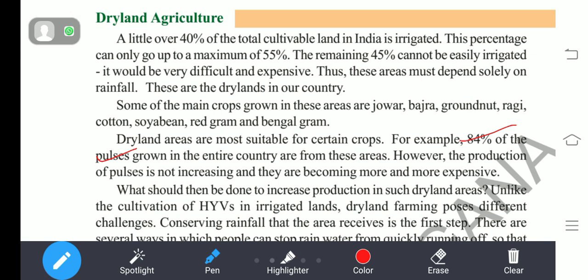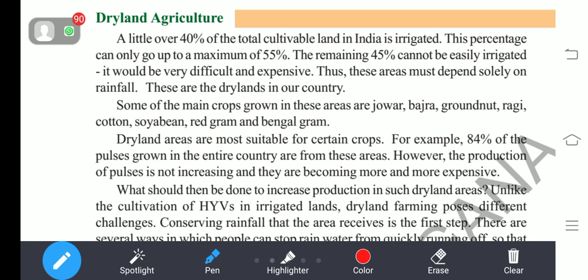Okay, so what activities do we have to do to increase production in dryland areas? Cultivation of crops on dryland areas is very difficult compared to the irrigated area.